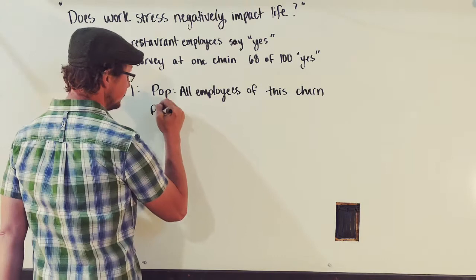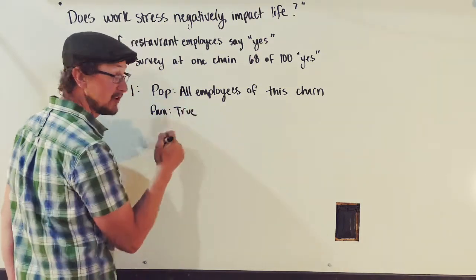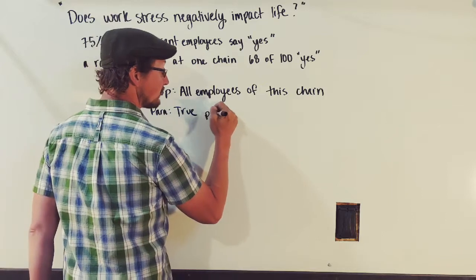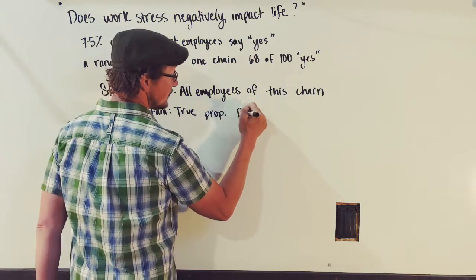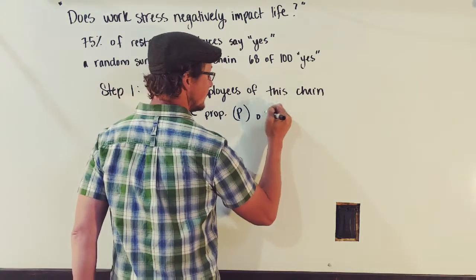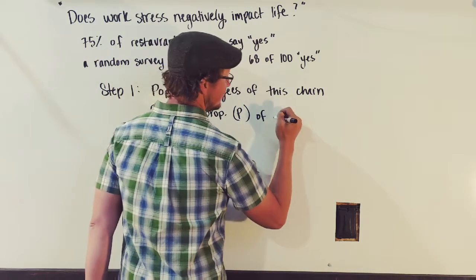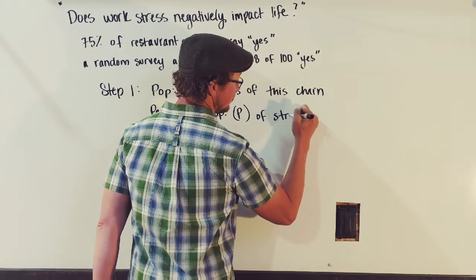My parameter is the true, and here's a difference, the true proportion, capital P, of stressed workers.